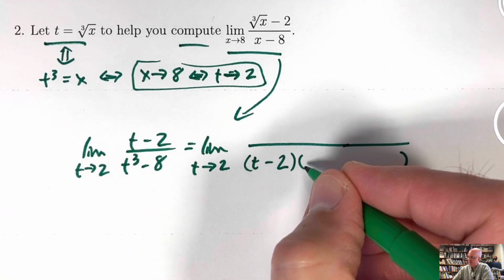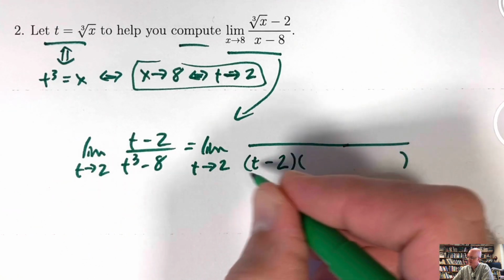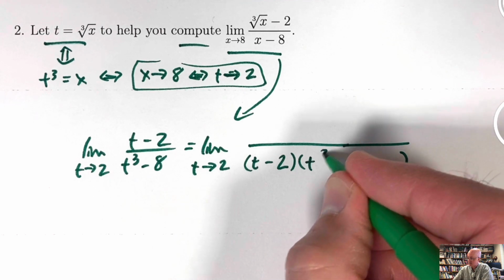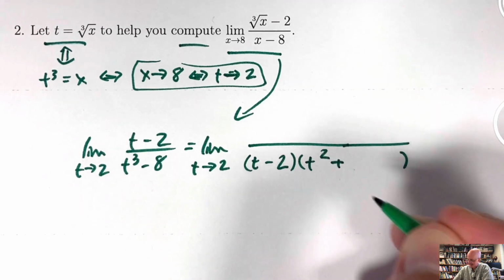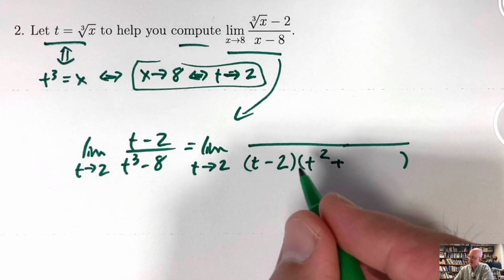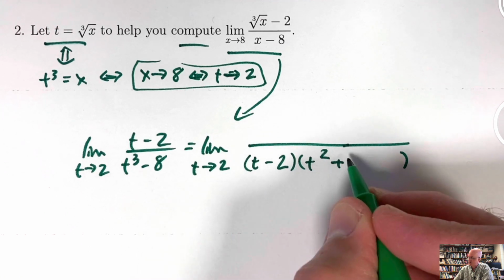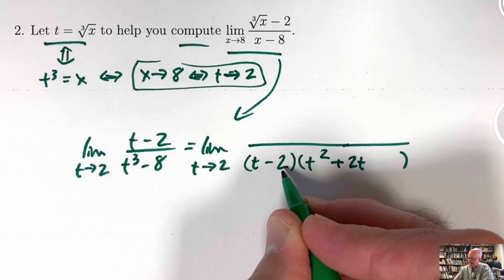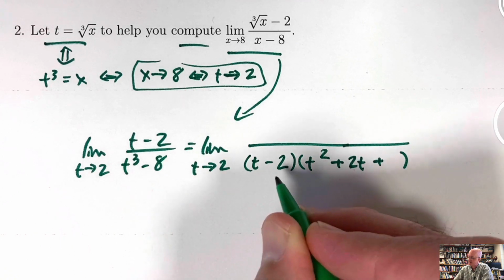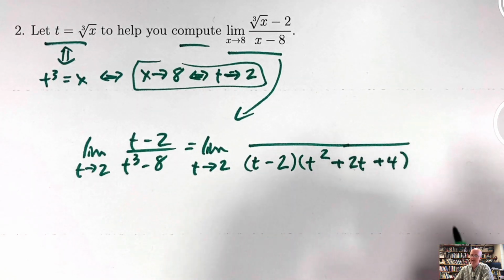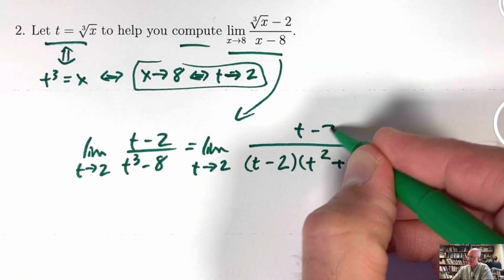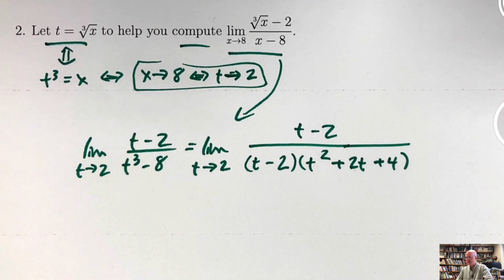And then for the trinomial, you want to have, in this case, t squared plus 2 times t plus, not minus, plus the 2 squared, which is 4. That's the formula for the difference of 2 cubes.